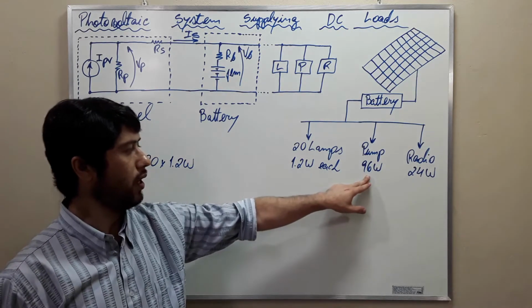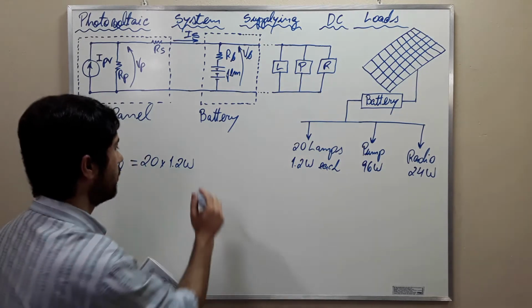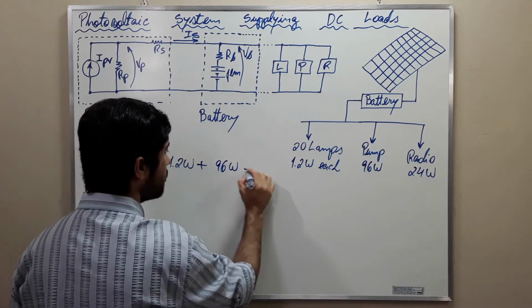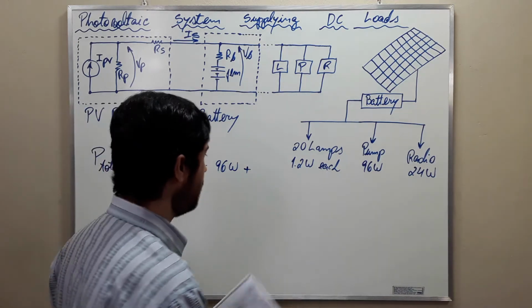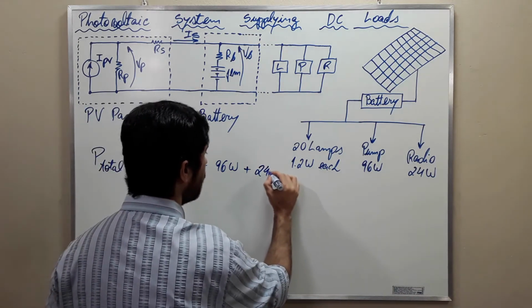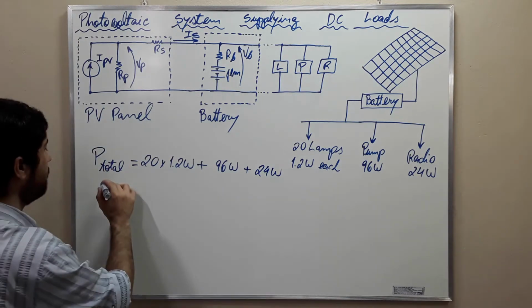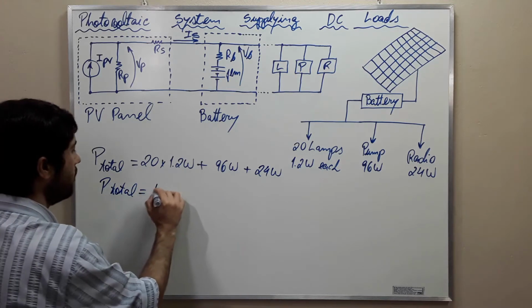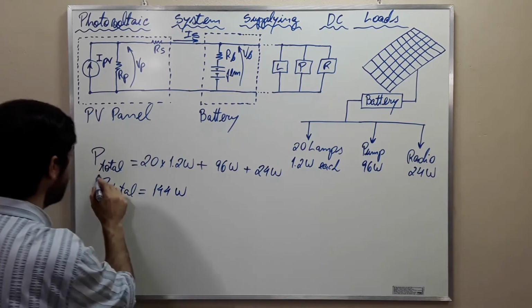Next, we add the power of the pump, plus 96 watts, plus the power of the radio, 24 watts. And then we get the value of P total equal to 144 watts.